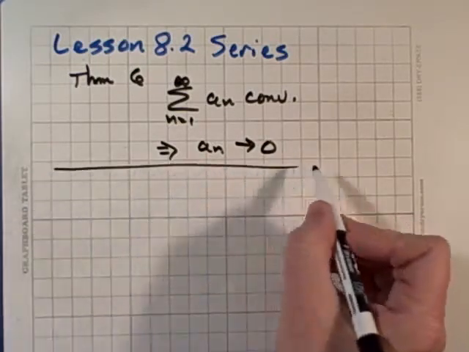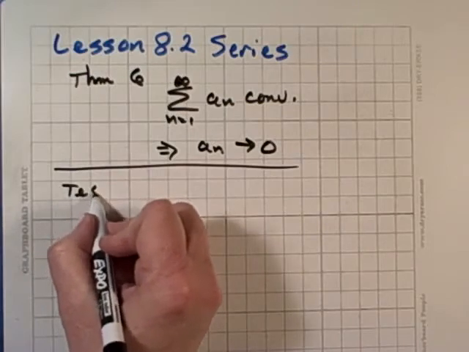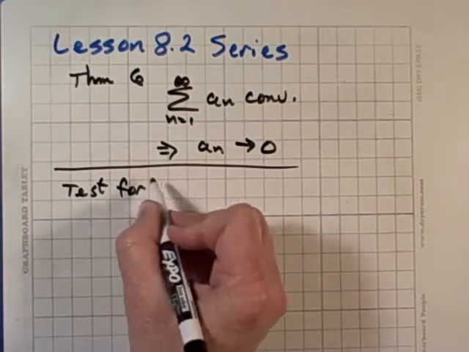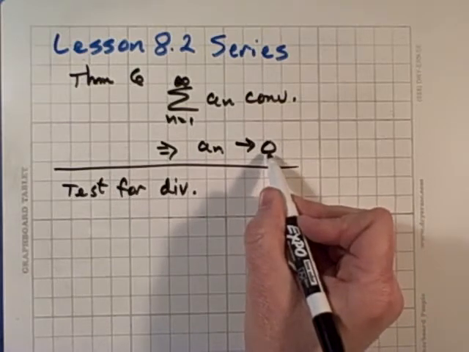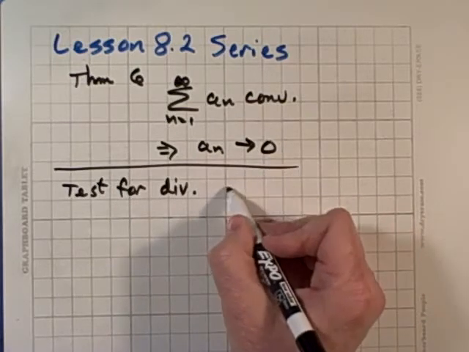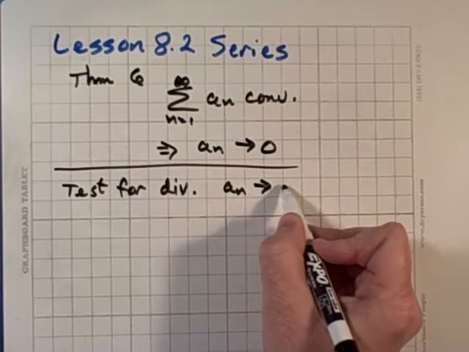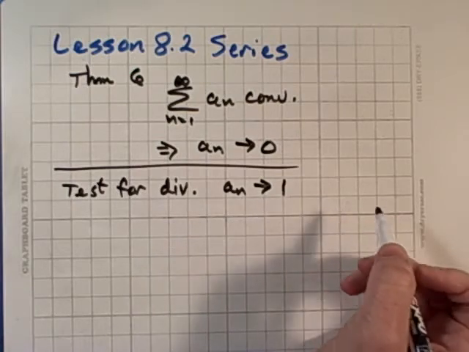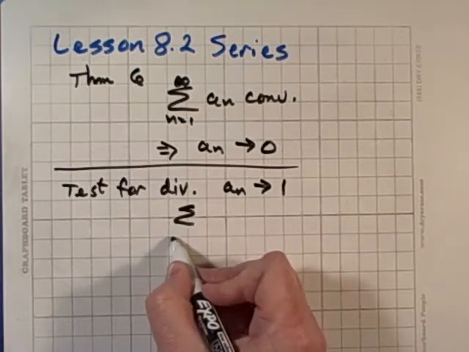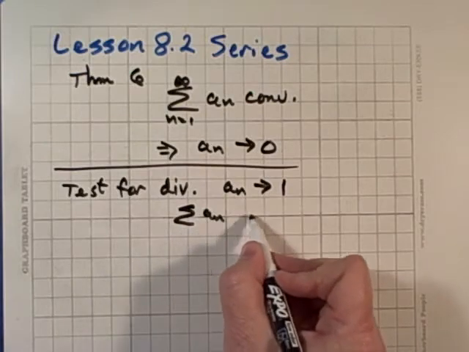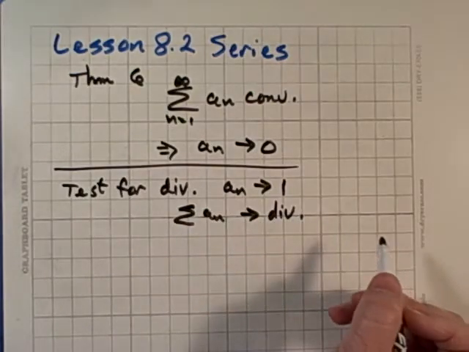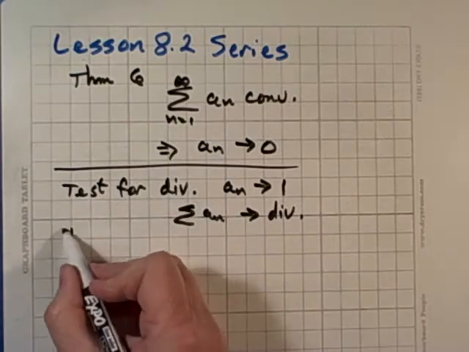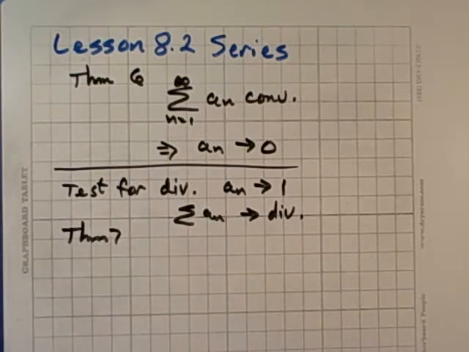Now, when we use that as a test for divergence, we really use the contrapositive. If the terms don't head towards 0, suppose the terms head towards some value like 1, then that sum automatically would diverge. So that is Theorem 7, and it is called the test for divergence.